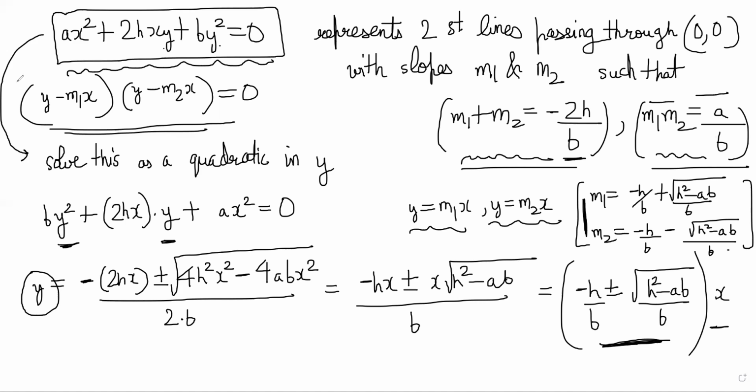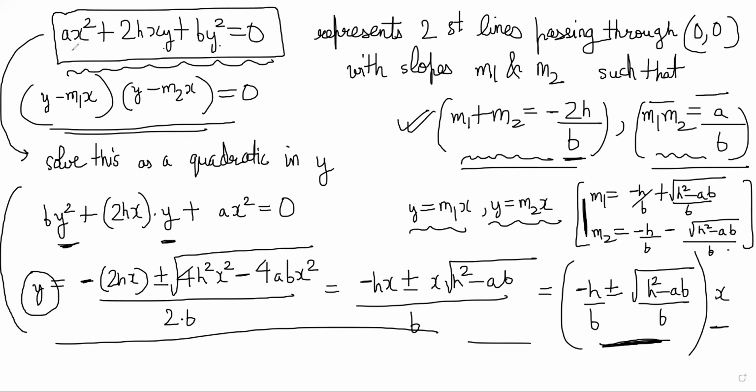However, in actual questions, you don't need to always solve it like this. Here we applied the quadratic formula and solved it. If you remember these two results, you can directly say this is a homogeneous equation in 2 degree, so it must be a pair of straight lines passing through the origin, and therefore m1 plus m2 should be minus 2h by b and m1 m2 should be a by b.